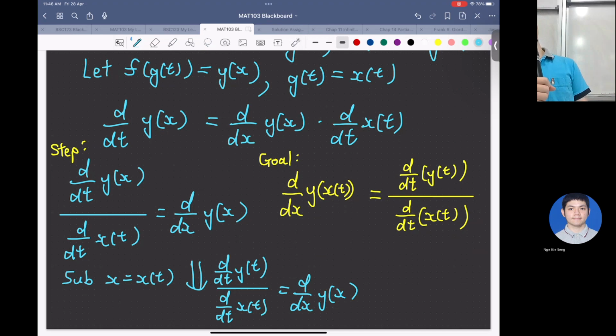It is a composite function. One of the functions is on the t, then you get the same thing.